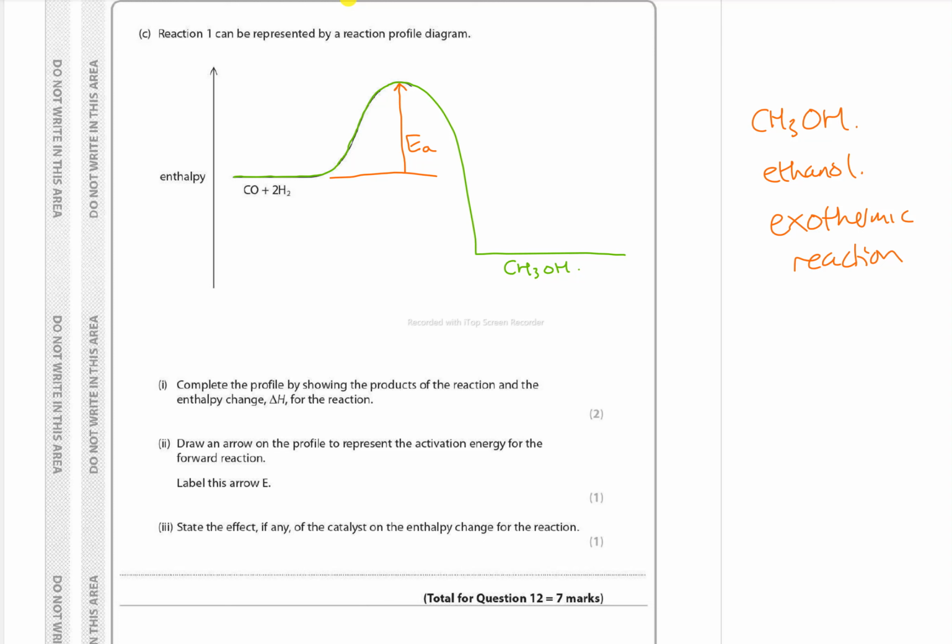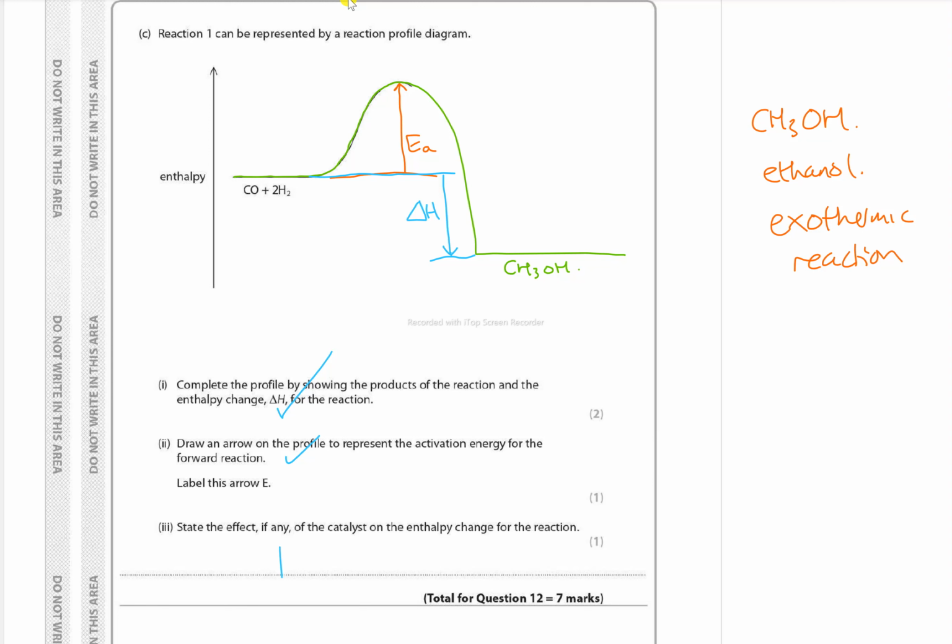Right, and the change in enthalpy, this is where the enthalpy was, this is where the energy level was, and it's come all the way down to here. Okay, that's the delta H. So we've drawn activation energy E, we put E for A. Right, state the effect, if any, of the catalyst on the enthalpy change.